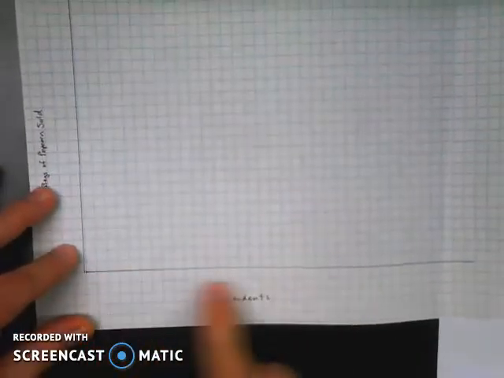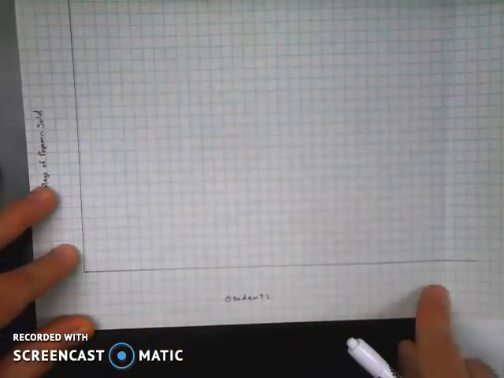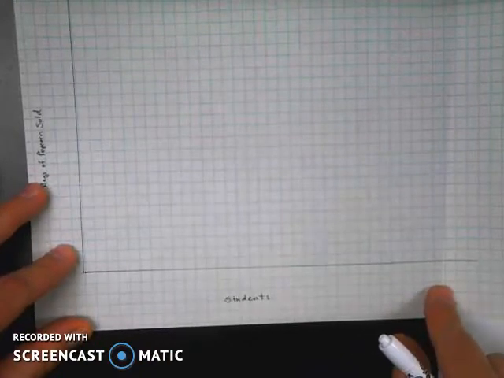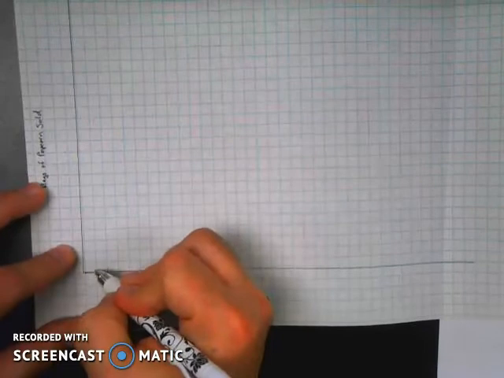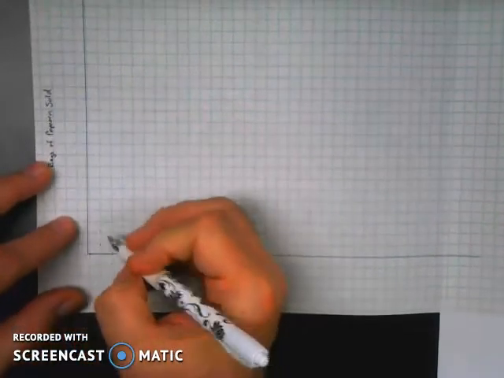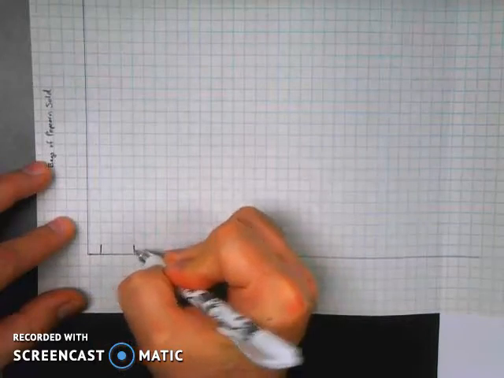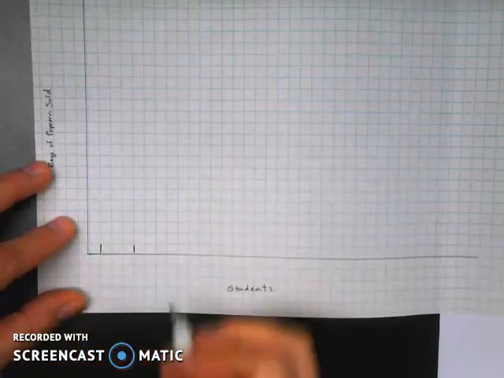So we really don't have to have any numbers down here for students. We're going to put their names. But we have 6 students. So I'm just going to start, and I'm going to put a little line here, and I'm going to make each student 3 spaces. So my interval is going to be 3 spaces.